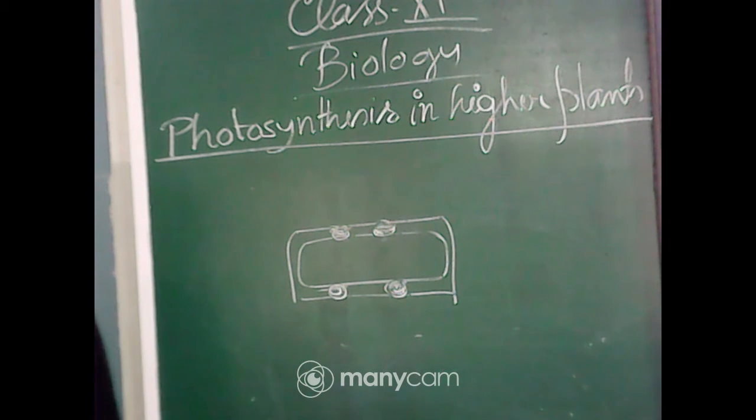Now you can see that in the diagrammatic structure of the chloroplast, it is a double membranous structure. So an outer membrane and an inner membrane is present, and some stack-like structures are present which are called grana, and they are connected by stroma lamellae. Some starch granules are present, and some lipid droplets are found in that particular chloroplast structure.